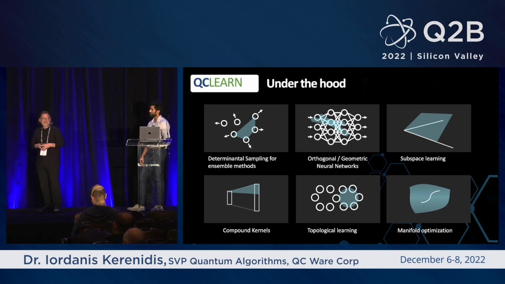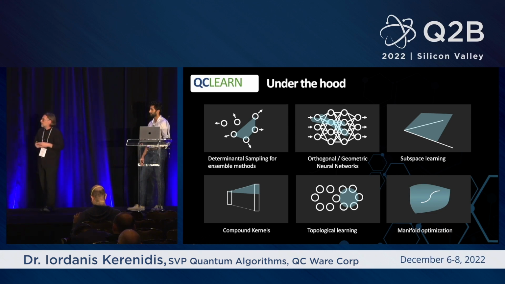And last, we have manifold optimization, a way of generalizing the optimization landscape to encapsulate much more complex datasets and provide more meaningful and accurate models.